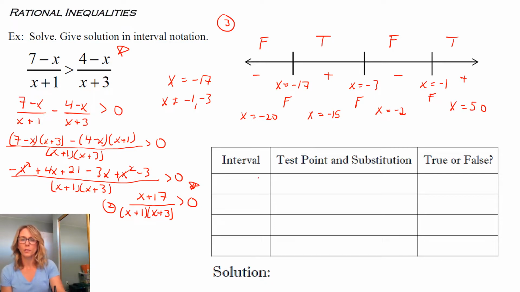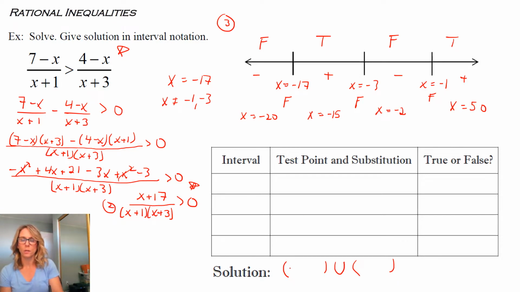So our solution now is simply any of the intervals that are true. Notice I'm going to need parentheses here because I'm not including any of my endpoints of these intervals because they do not make it true.